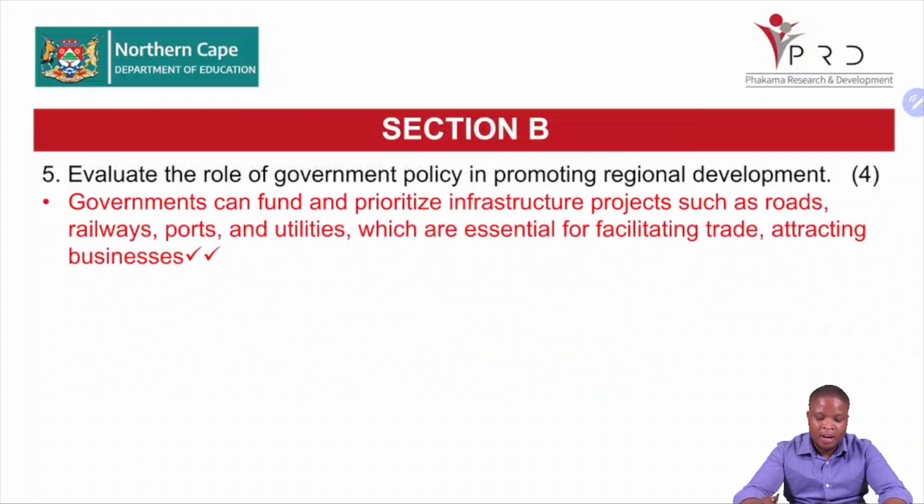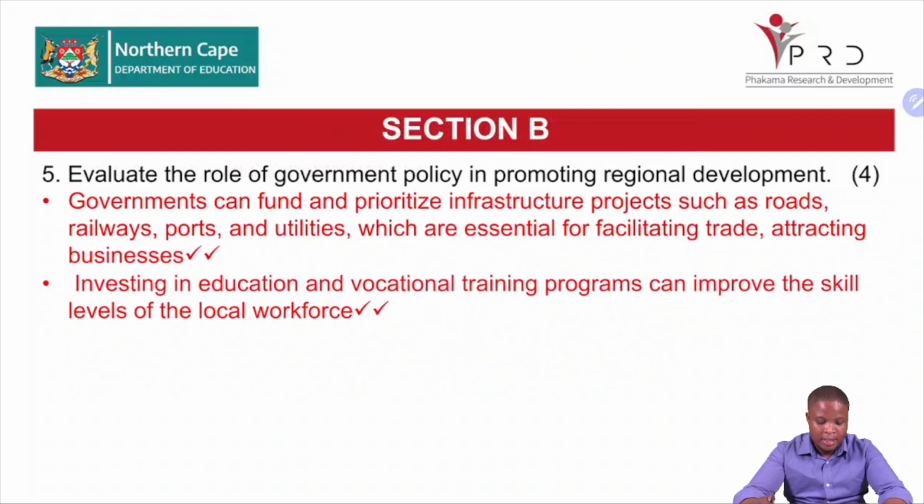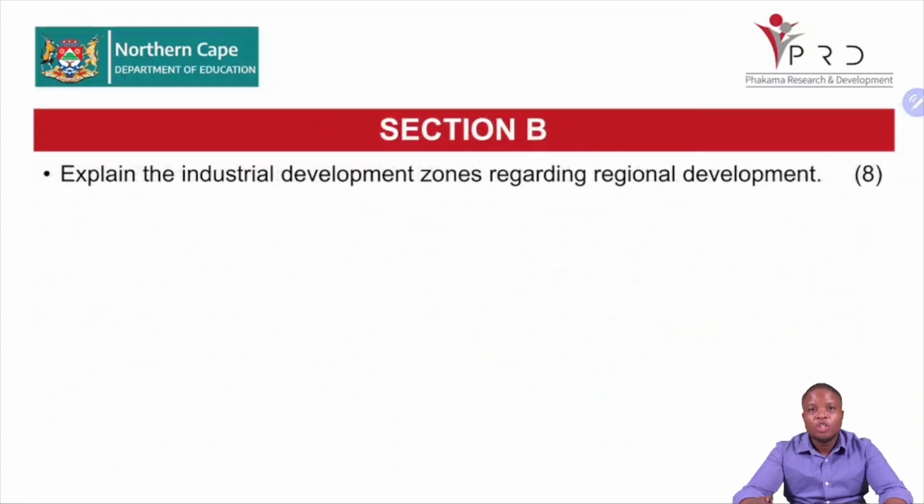So they can provide infrastructure, that is the success of it. They are providing infrastructure so that businesses are able to produce. Investing in education and training programs can improve the skill levels of the local workforce. They become more employable. That will improve their region. So we look at the things that government does in order to do what? To ensure that there is regional development.